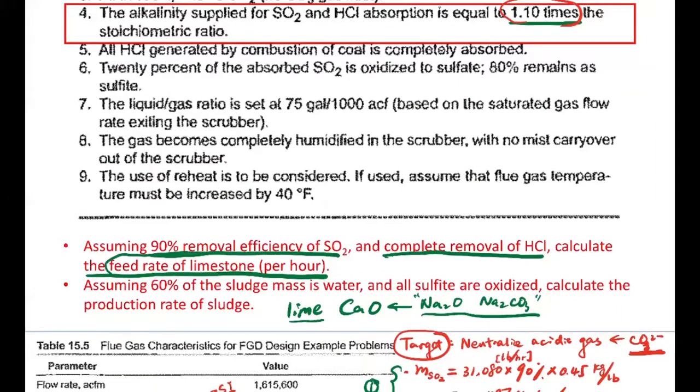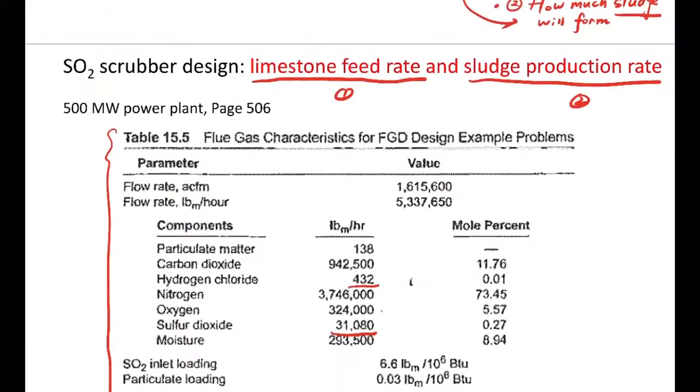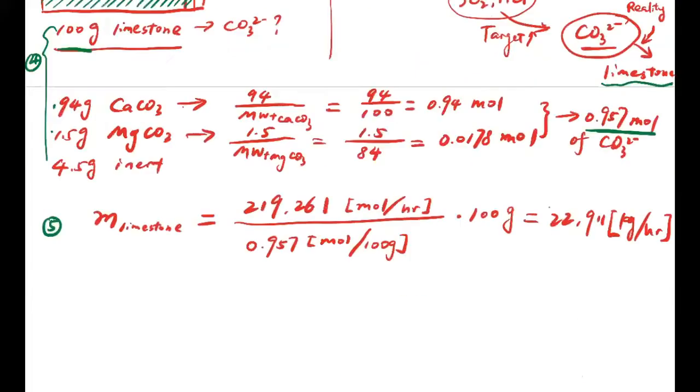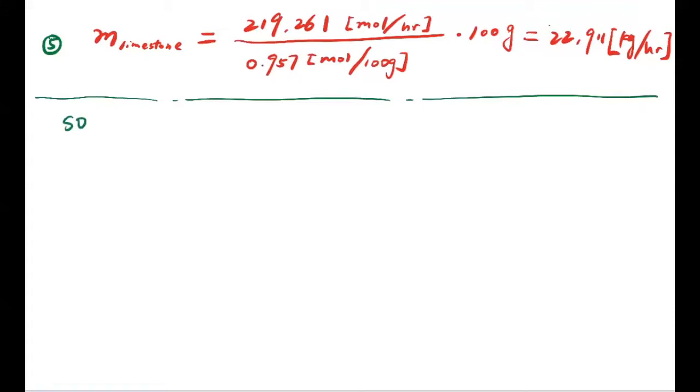We mentioned that for the design problem, we're also interested in the sludge production rate. The sludge is just the product that's coming out of this reaction, right? So if we consider the product, that's going to form calcium sulfite first.